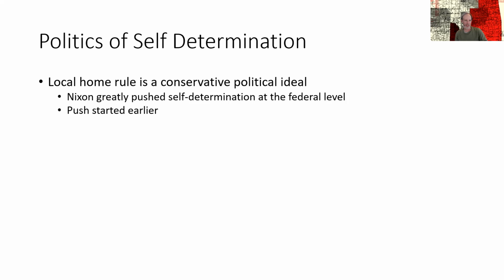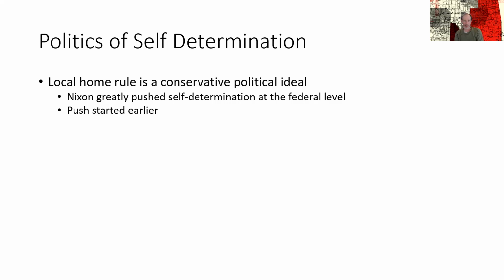So just a little bit real quick about the politics of this. It's kind of interesting. If you think about self-determination, it's basically local home rule, which is a conservative political ideal, right? Conservatives want a smaller federal government, and to let power be back home, either in the states or localities.